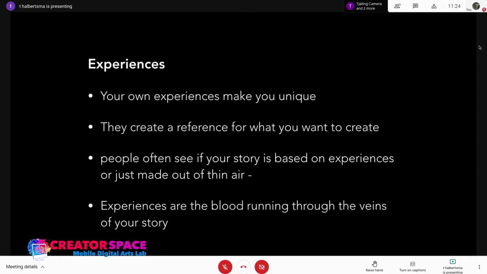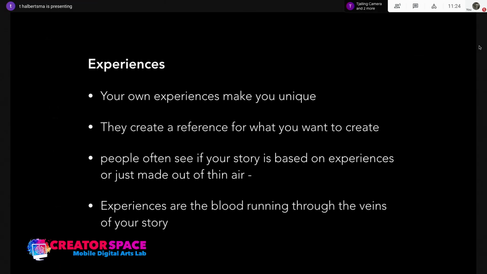Okay, experiences, very important, because that makes you unique. They create a reference for what you want to create. So if you don't have any experience, you have no idea if the idea that you're putting out has any value or understanding.